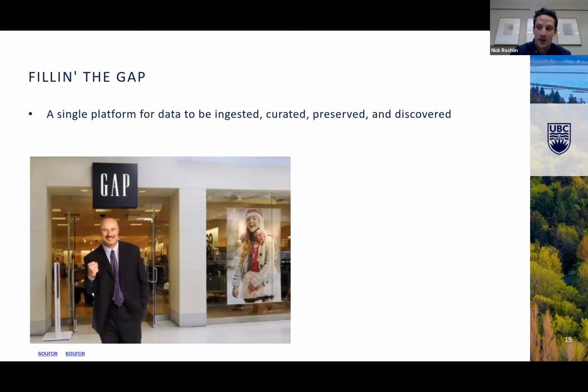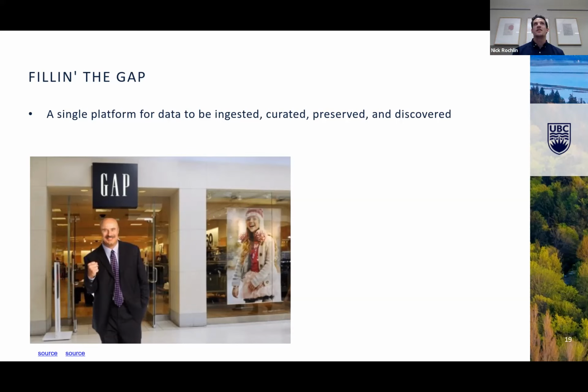Now, it's really working to fill this gap in Canada as the single platform for data to be ingested, curated, preserved, and discovered. And so while you can deposit data natively into FRDR, the discovery layer that FRDR has for you to search for data, which will soon be named Lunaris, so they're going through rebranding, searches more than just the data that's in FRDR.